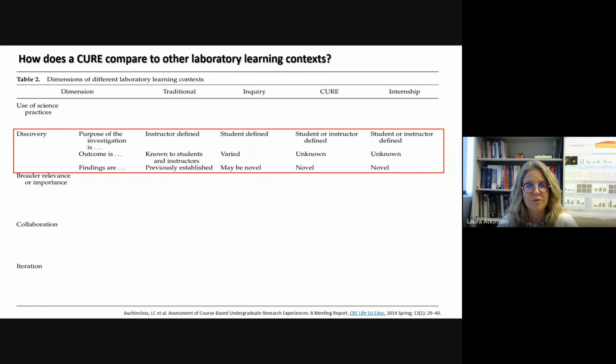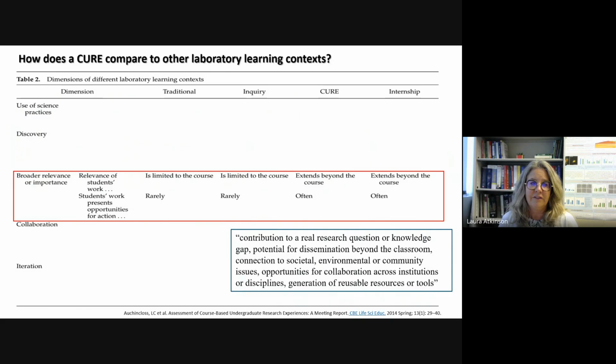The outcome is a really important aspect of CUREs because it has to be unknown. Inherent in doing research is that the findings are novel. And so this is where we see a pretty big difference between traditional and inquiry-based learning compared to CUREs.